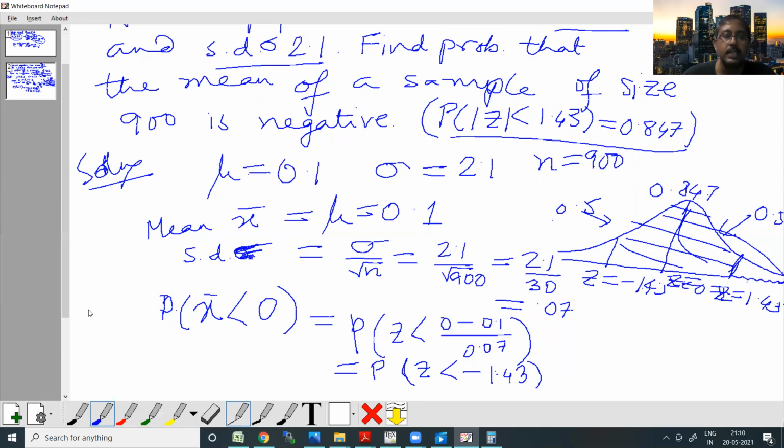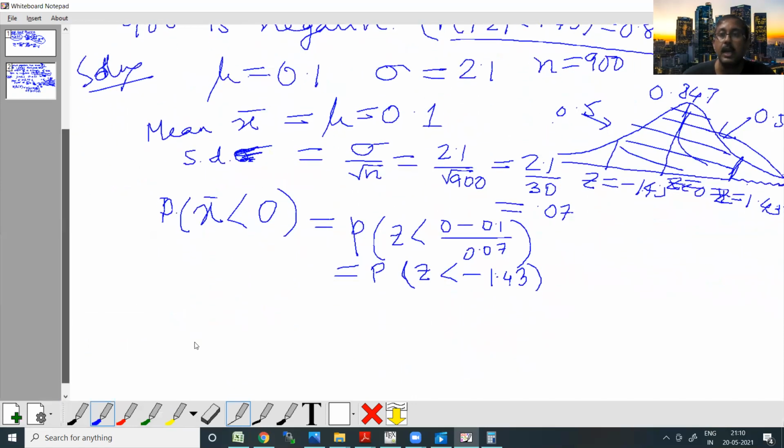Now, in the context of this curve, what am I trying to figure out? I'm trying to figure out this particular area, where z is equal to minus 1.43. This particular ordinate, and I'm trying to find the area to the left of the ordinate because I'm trying to find Z less than minus 1.43.